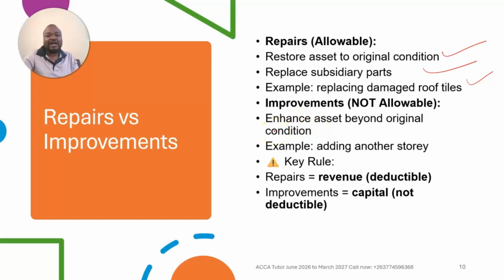Enhancements to the asset beyond original condition are improvements and are not allowable. An example is adding another storey. Suppose you had a 2-storey building, but you now want to make it a 3-storey building. That is not going to be allowable. So repairs are revenue expenditure and deductible, but improvements are considered capital expenditure and are not going to be deductible.